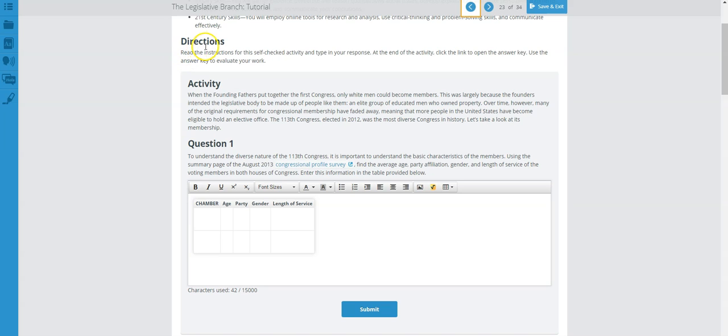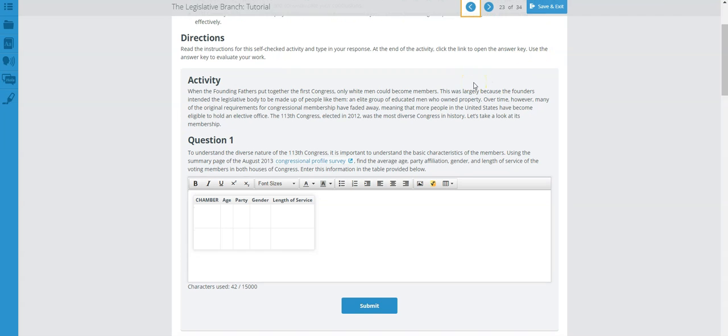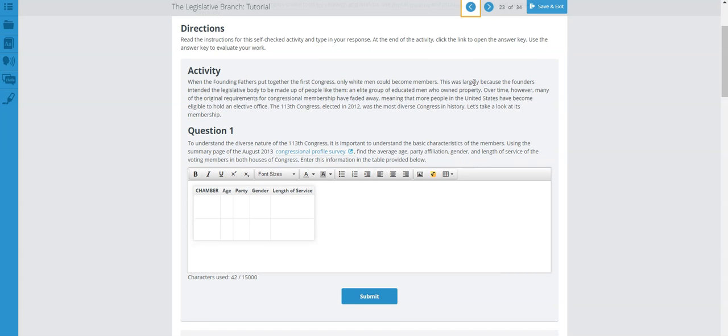So right here it says under directions, read the instructions for this self-check activity and type in your response. At the end of the activity, click on the link to open the answer key. Use the answer to evaluate your response. Please make sure that you are answering truthfully. Make sure that you are answering based on your knowledge. Make sure that you are answering based on what you have written on your notes.